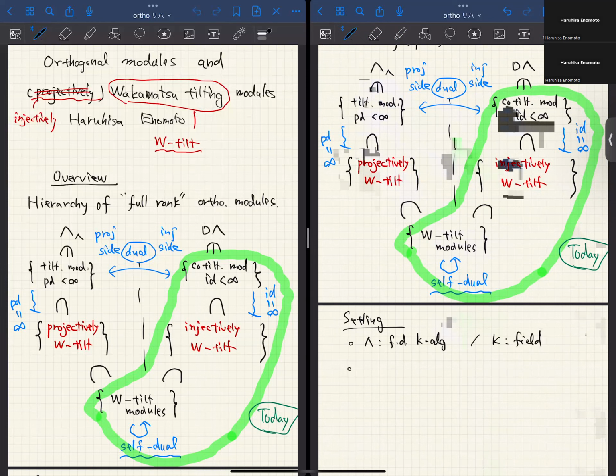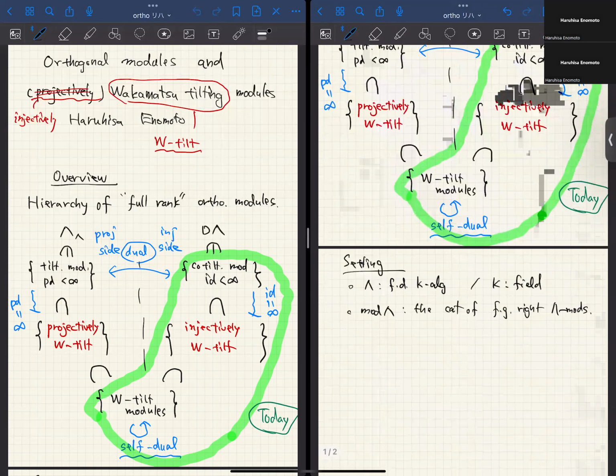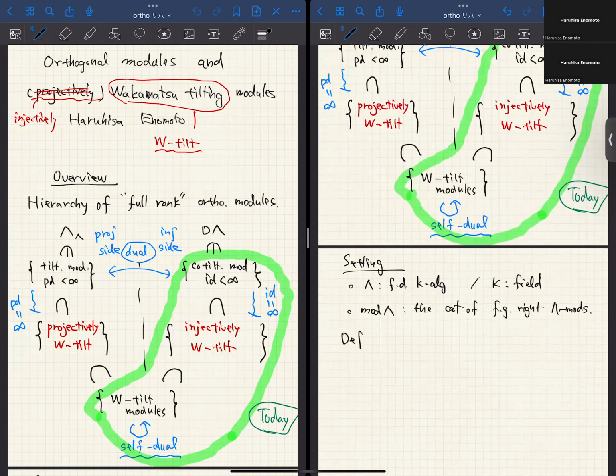And as usual, mod lambda denotes the category of finitely generated right lambda modules. I only consider finitely generated modules. And a useful concept is progenerator or injective cogenerator inside a subcategory of the module category. So I will define it first.